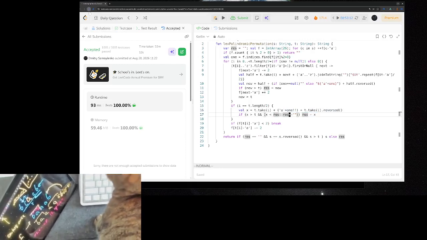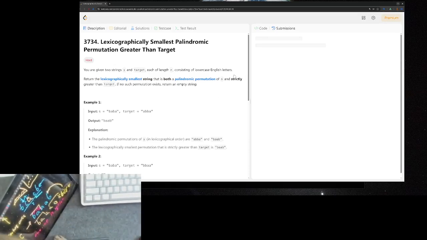Okay, let's look at the shorter variant of this same code.